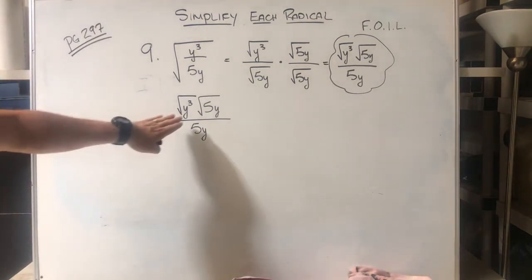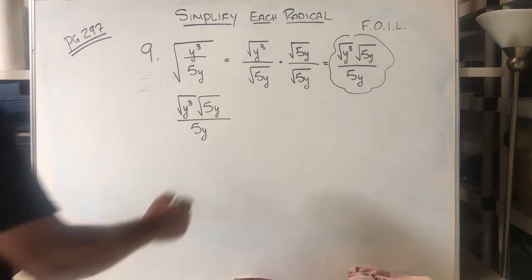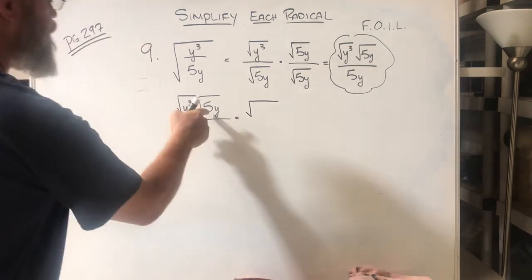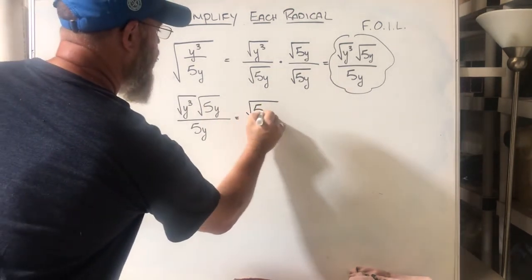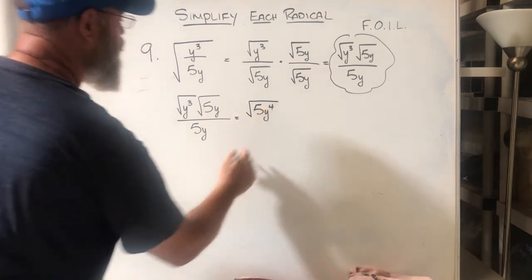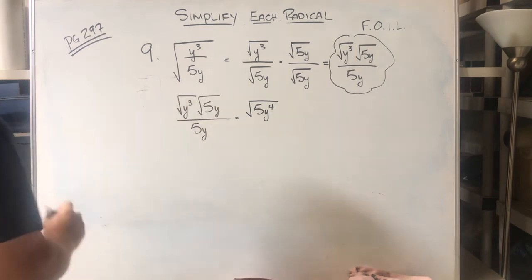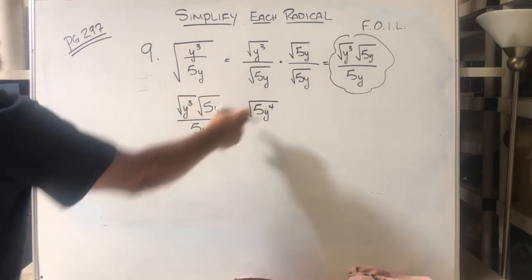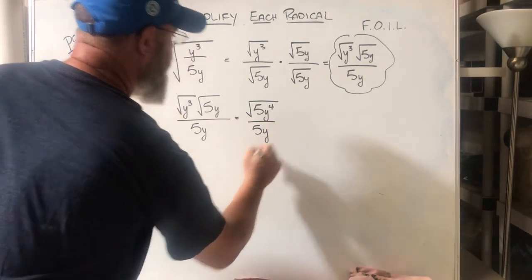So now I'm going to multiply these two together. So what do I get? I get the square root of 5y to the 4th, because when we multiply exponents, we add the exponents together, and this is just an invisible 1. So 3 and 1 equals 4. And that's going to be all over 5y.